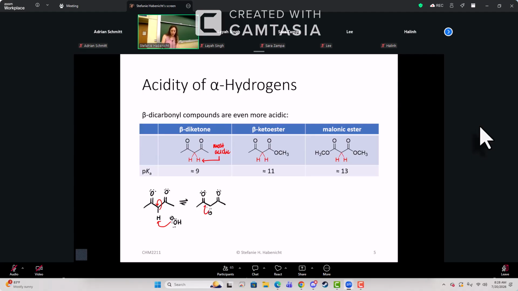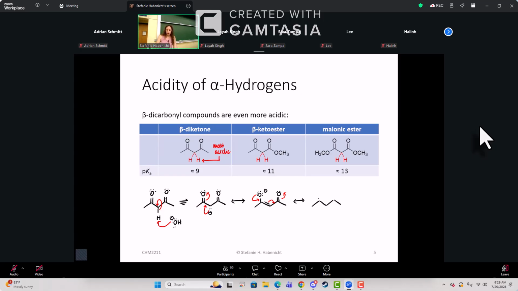That'll stabilize our negative charge through resonance. So we can push our negative charge to the left into that carbonyl group. And we can push it all the way over to the right into the second carbonyl.